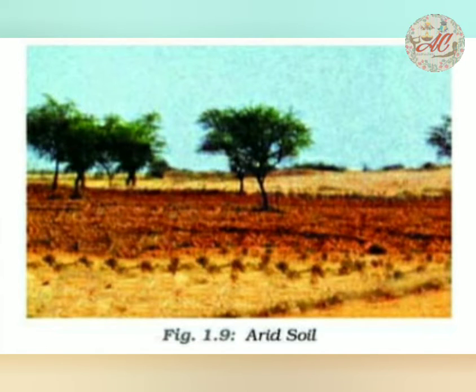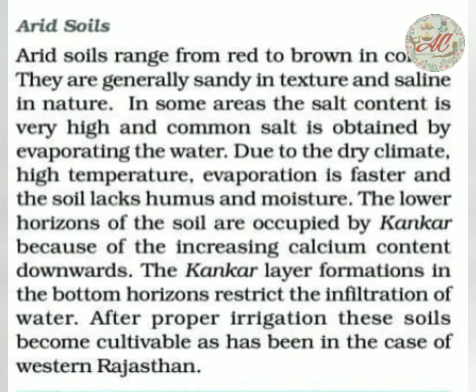Arid soils. Arid soils range from red to brown in color. They are generally sandy in texture and saline in nature. In some areas, the salt content is very high, and common salt is obtained by evaporating the water. Due to the dry climate and high temperature, evaporation is faster, and the soil lacks humus and moisture.